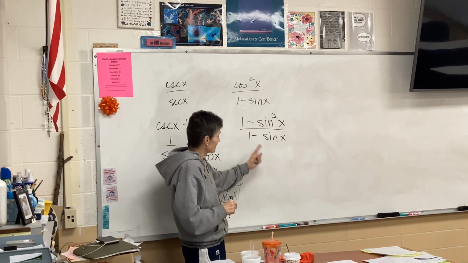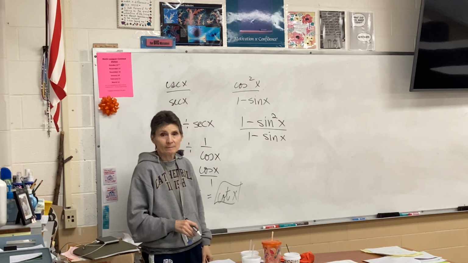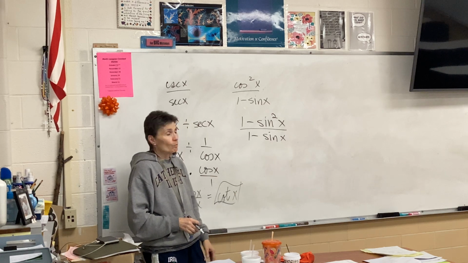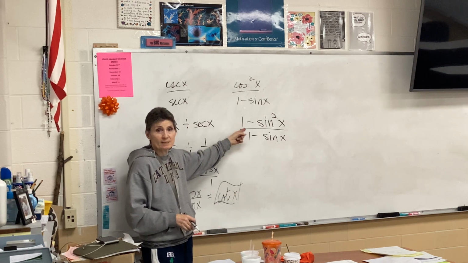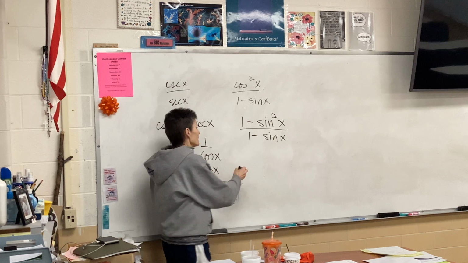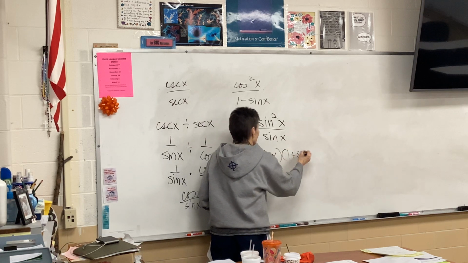And when there are minus signs or plus signs in the problem, you can't start canceling. Only with multiplication can you do that. What you have to recognize is that 1 minus sine squared is the difference of squares. So 1 minus sine, 1 plus sine.